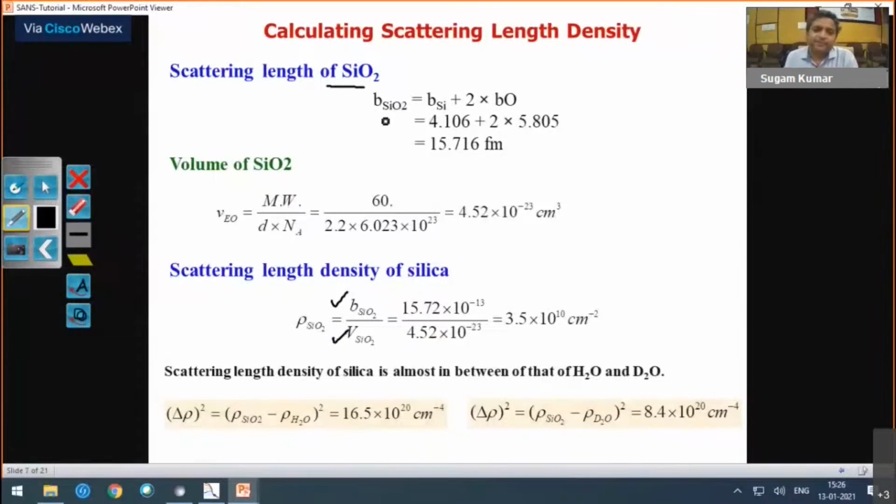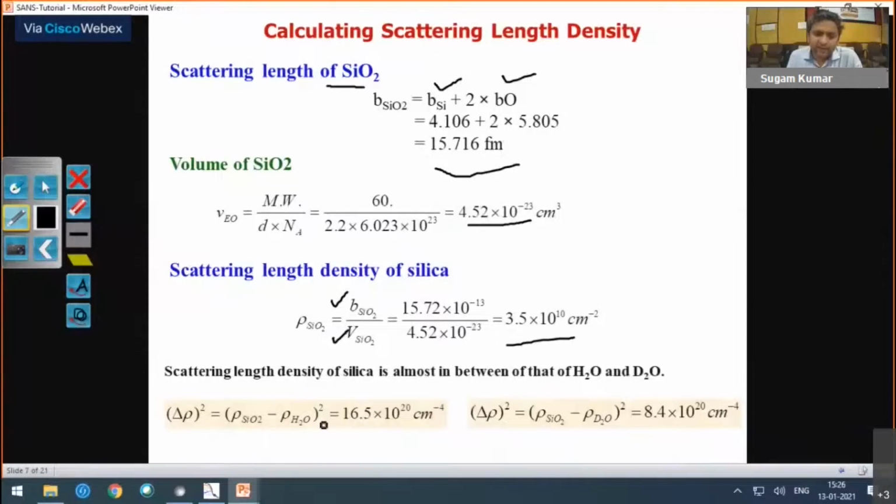So this is the silica scattering length: 2 multiplied by the scattering length of oxygen, and this is the scattering length of the silicon. And then this is the volume, and we get the silica scattering length density.